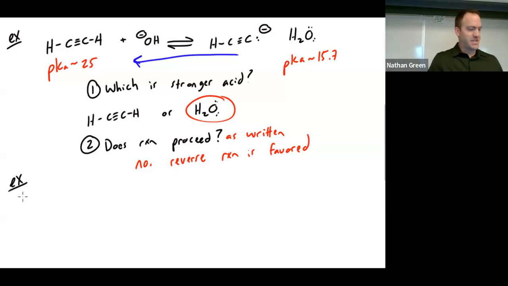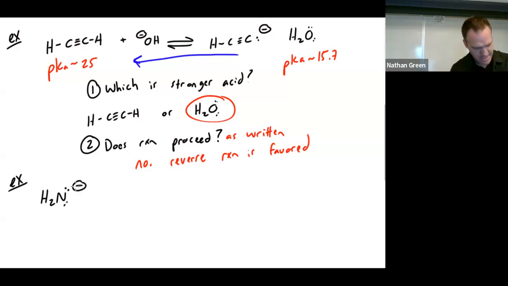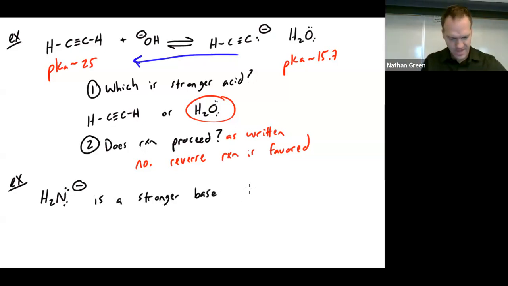This one's even worse. A molecule called amide is a stronger base than hydroxide.